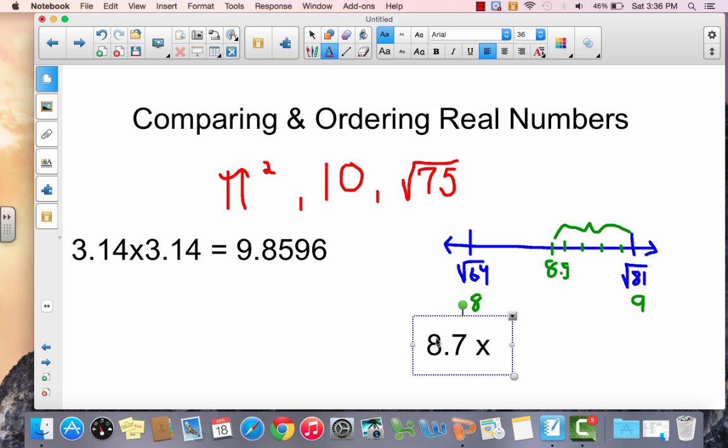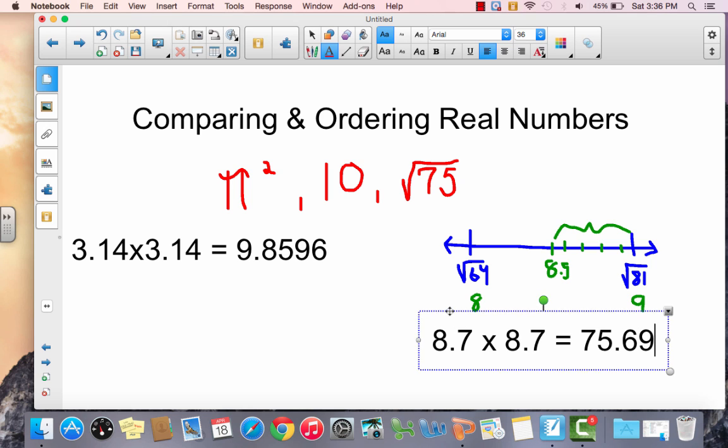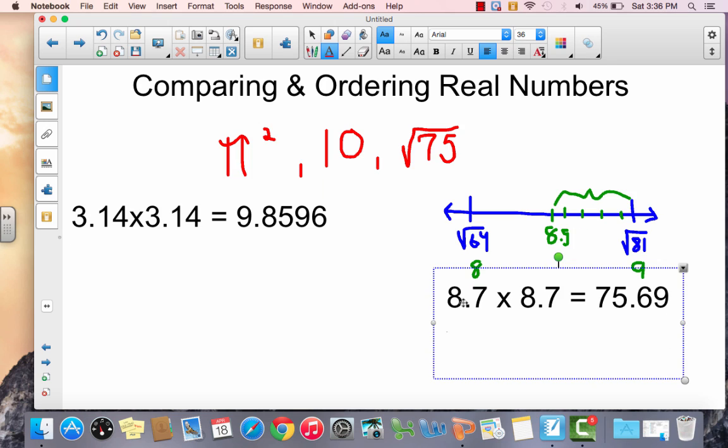And if I multiply 8.7 times 8.7, I get the decimal 75.69. So I'm pretty close to my goal of 75. I'm actually a little bit larger than it. So I'm going to go 1/10 smaller and figure out what 8.6 squared is. And 8.6 times 8.6 gives me 73 and 36/100.